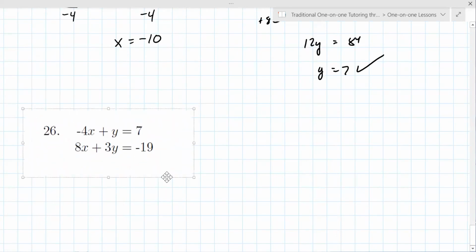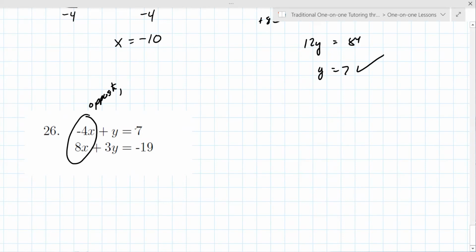When you look at these, you have to decide which variable you're going to eliminate. And see how these are already opposite in sign, and one multiplies can get to the other. That's kind of your indicator.